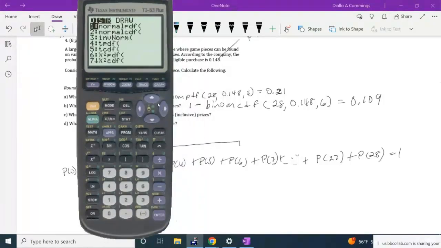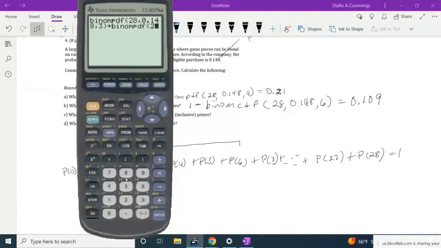I can put in the binomial PDF 28 comma 0.148 comma 3, plus binomial PDF. Okay, I'm in distribution.